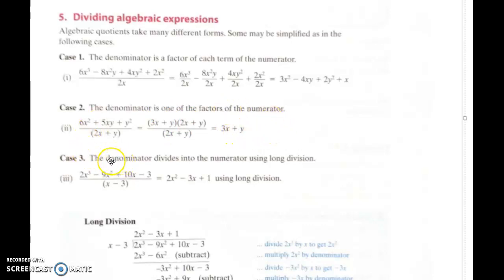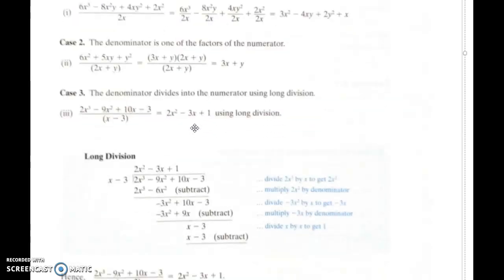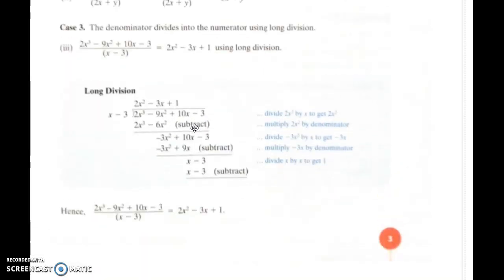Then, with this one here, the denominator divides into the numerator using long division. So here we're using our algebraic long division. Remember, how do we do it? We write our 2x cubed minus 9x squared plus 10x minus 3. Your denominator goes on the outside and you draw your line.